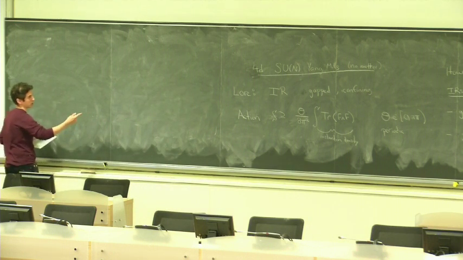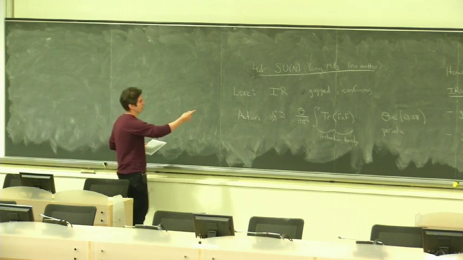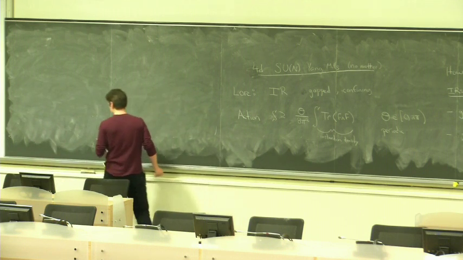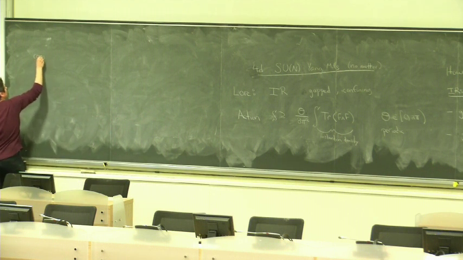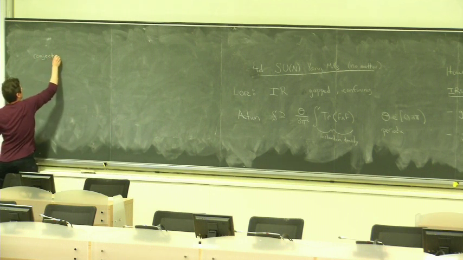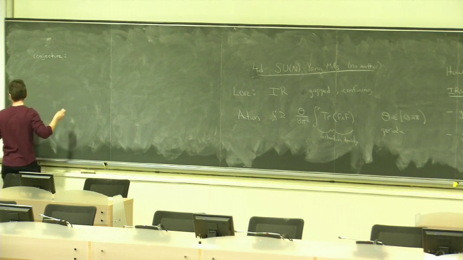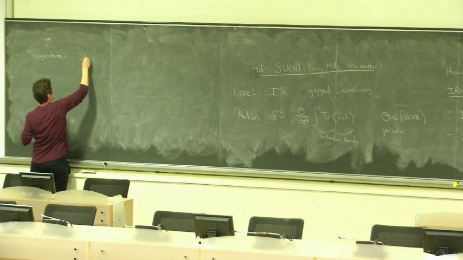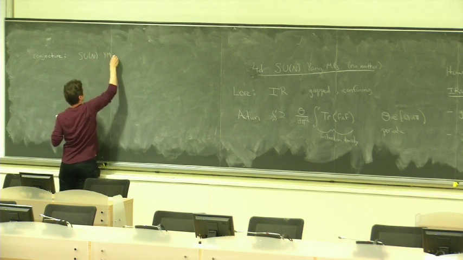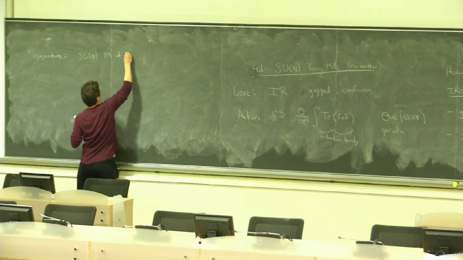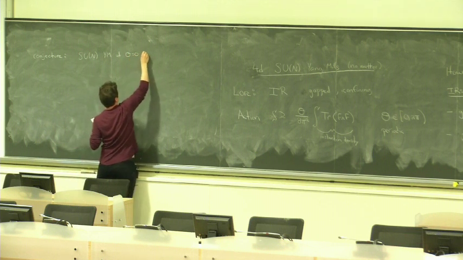So what's the more precise conjecture, the more precise lore about Yang-Mills theory in this language? A conjecture is that SU(N) Yang-Mills at theta equals 0 is trivially gapped.